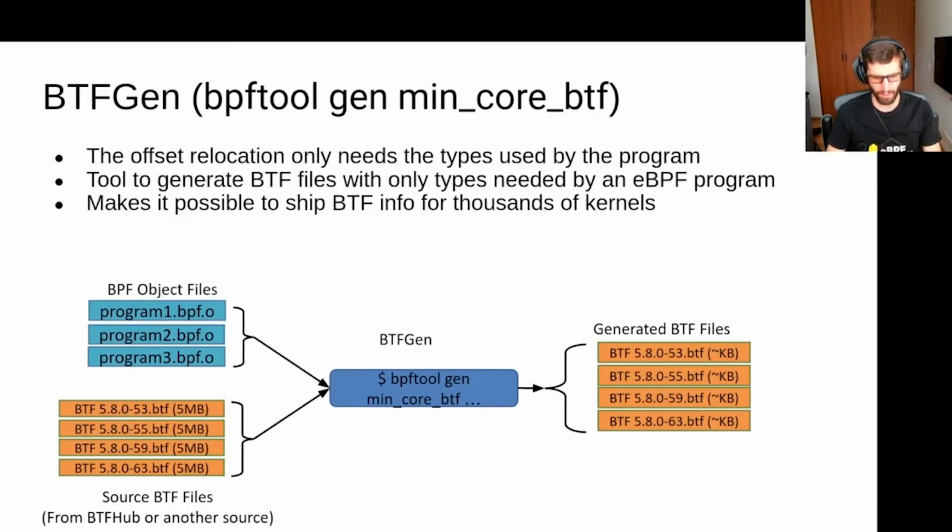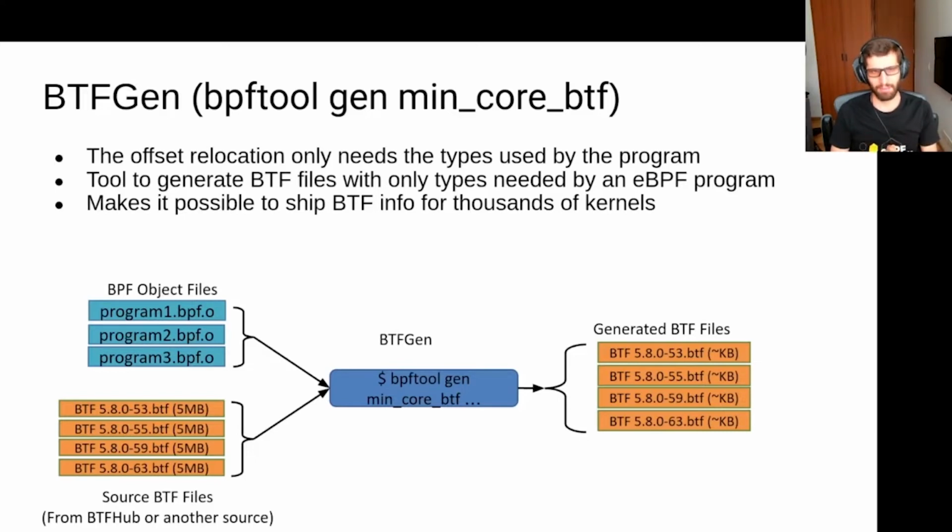So what happens is that in order to perform the relocations, we don't need information about all the types of the kernel. Usually when we write an eBPF program, it is accessing some of the members of those structures. We are not trying to access all the members in a given eBPF program. So in order to perform the relocation, we only need the information about the types that our eBPF program is using.